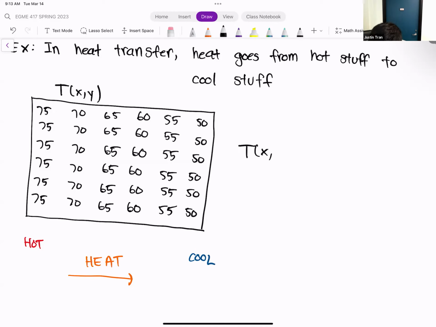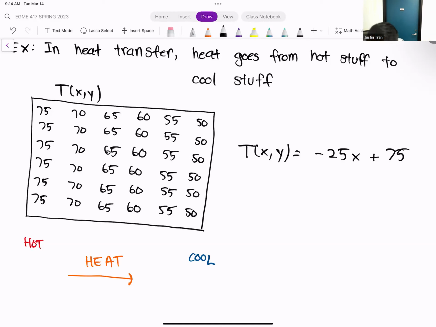And so with these numbers, you could say our temperature field, T of x and y, is equal to minus 25x plus 75. So that's the temperature field that follows this.